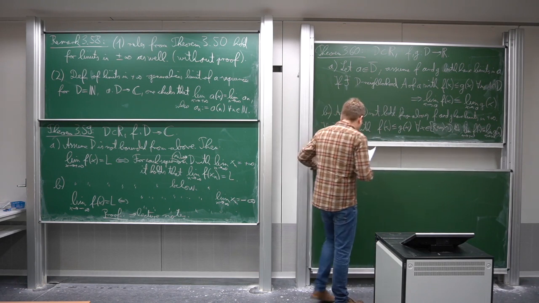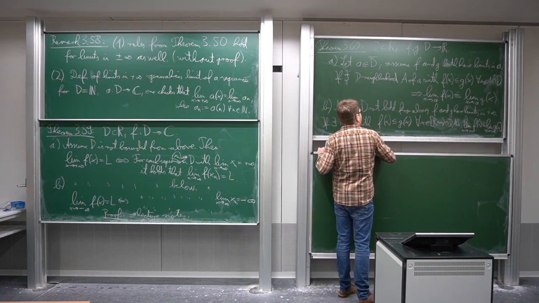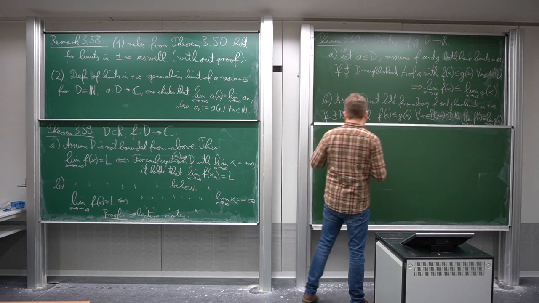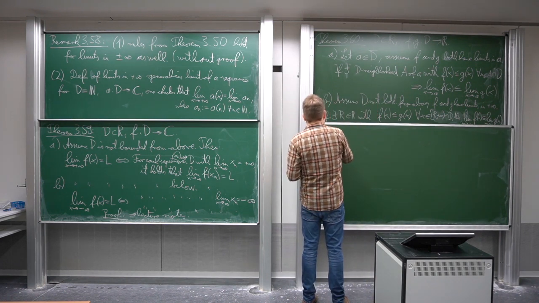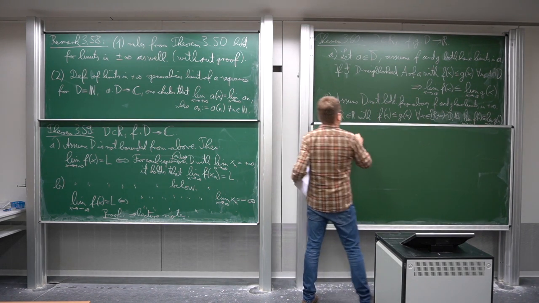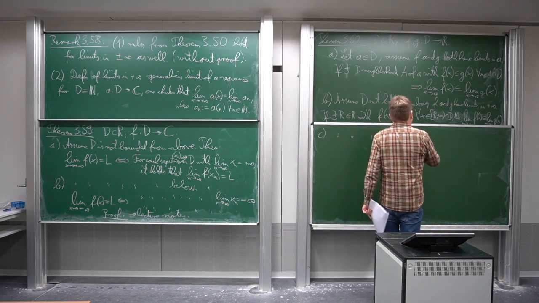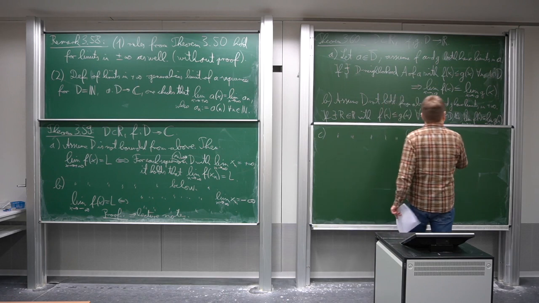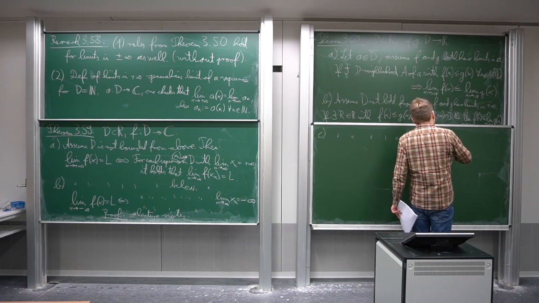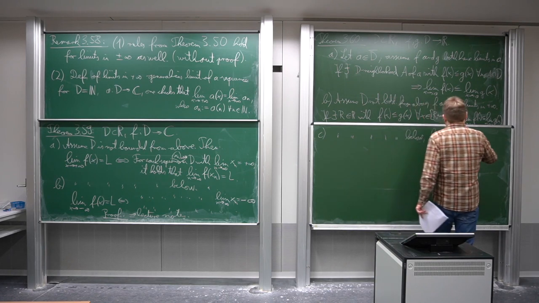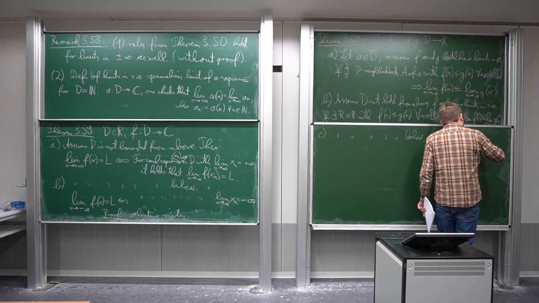And of course the same thing for minus infinity. So you see it's a bit tedious, this part. So C, I can now copy basically from this blackboard. I'm cheating a bit, but you know what I mean. So assume the domain is not bounded from below and that both f and g have limits at minus infinity.